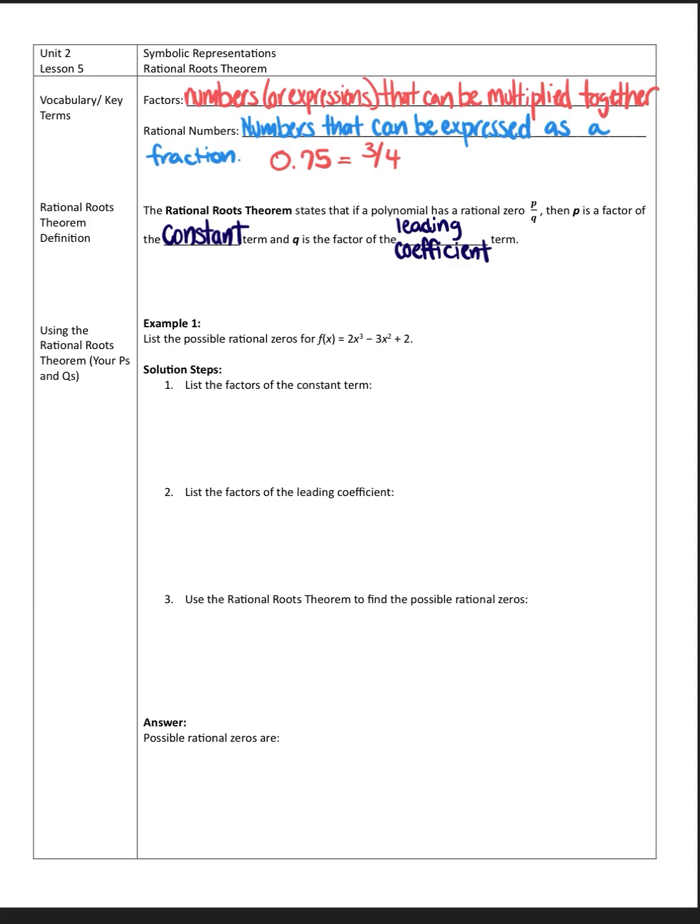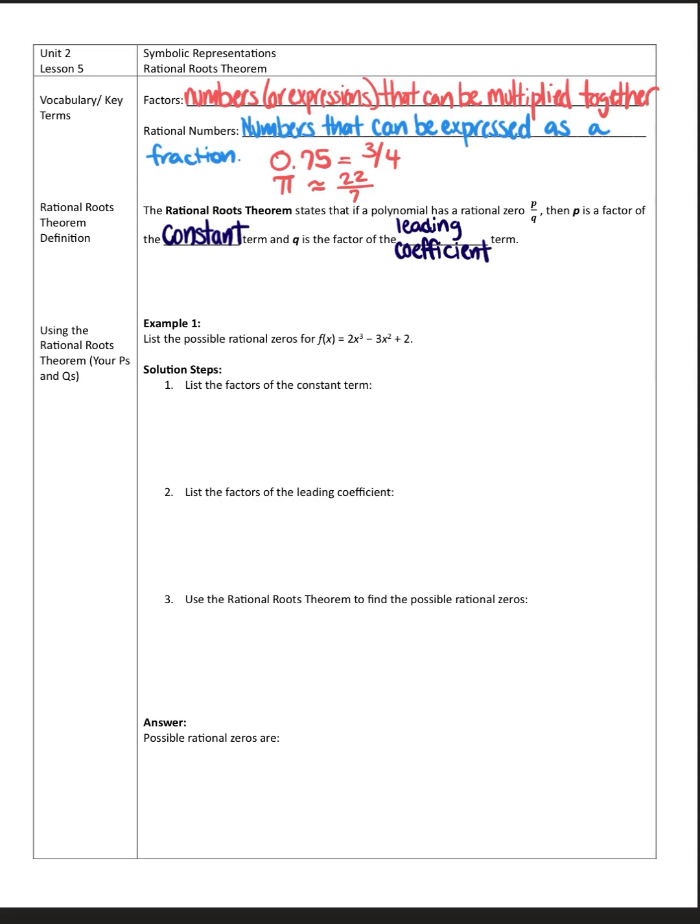Whereas a number like pi cannot necessarily be represented as a fraction. I think the closest we get is about 22 over 7, I believe, and 22 over 7 does not give us exactly pi. So that's what makes pi an irrational number. We cannot express it as a fraction.